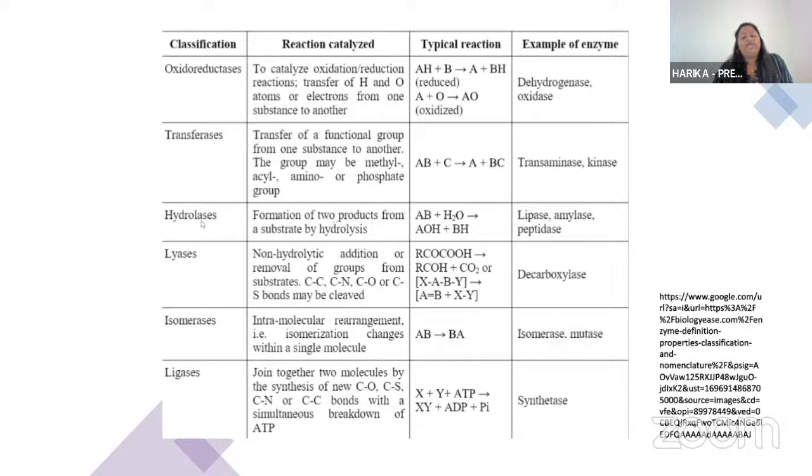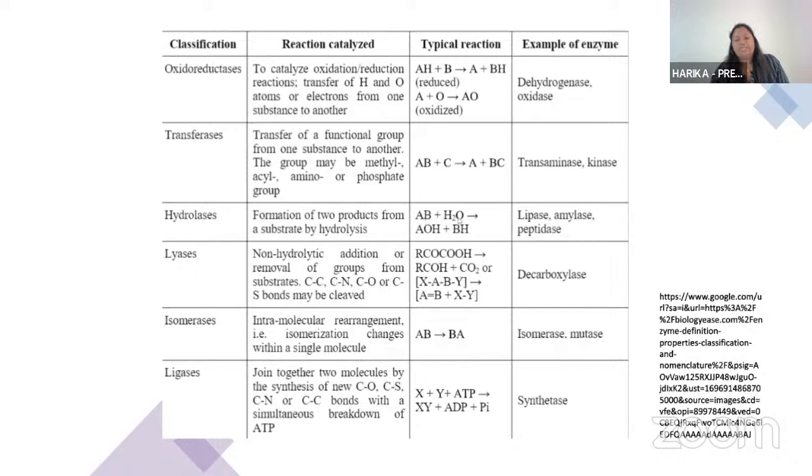Next is hydrolases. These are the group of enzymes that form products by hydrolysis, by substitution.